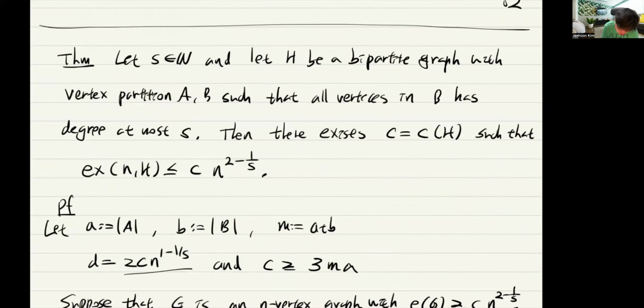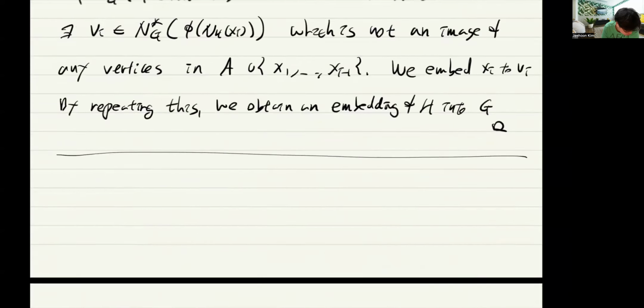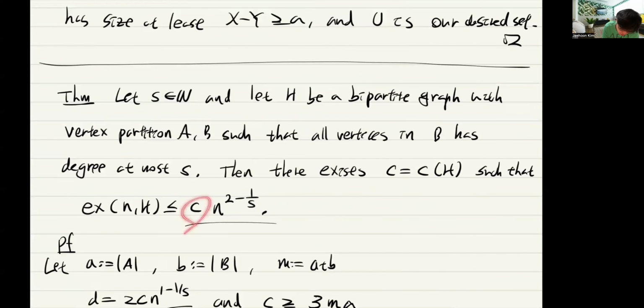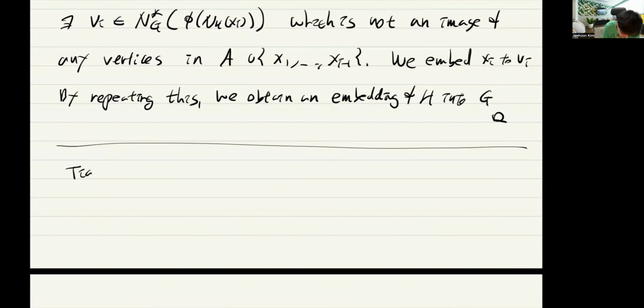And a natural question is how tight is this theorem? Here we don't care about the multiplicative constant much, so we can ask whether this exponent is tight. But this is tight by the example of K_{s,t}.